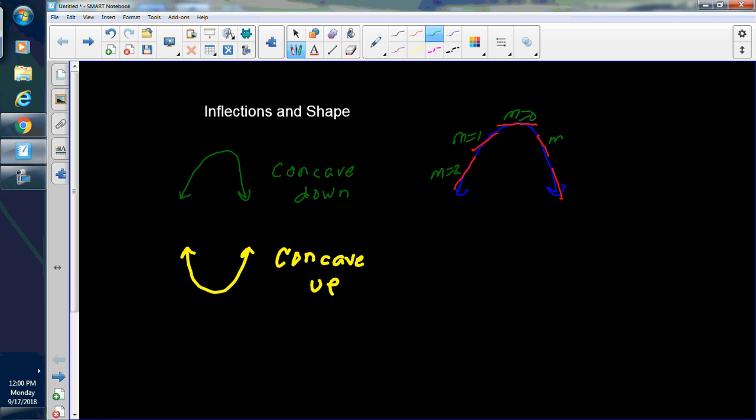The gradient is -2. Notice as x increases, the gradient decreases.